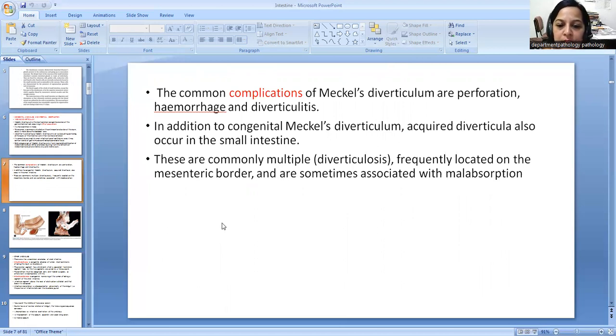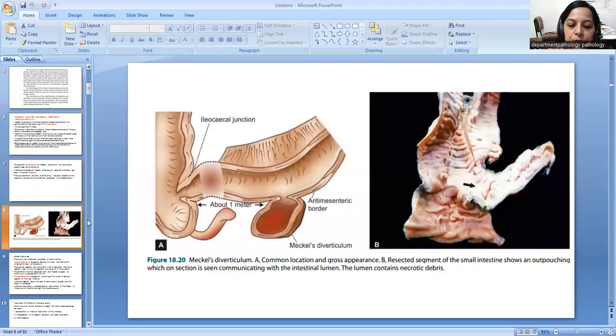In addition to congenital Meckel's diverticulum, acquired diverticula also occur in the small intestine. These are commonly multiple, frequently located at the mesenteric border, and are sometimes associated with malabsorption.